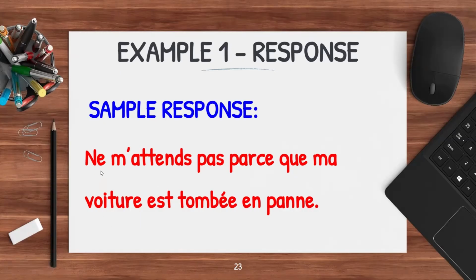This part here, ne m'attends pas. This is the instruction. Don't wait for me. Parce que, this is the phrase you use to introduce the reason. And the reason here is ma voiture est tombée en panne. My car has broken down. I hope that is clear.